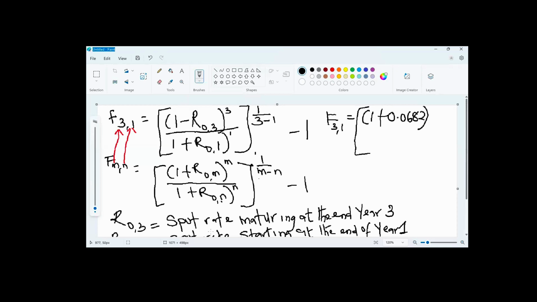Close my bracket, raised to power 3, divided by 1 plus R. Now, the spot rate at the end of year 1 we have calculated as 0.0476. Close your brackets, raised to power 1. Then close all the brackets.